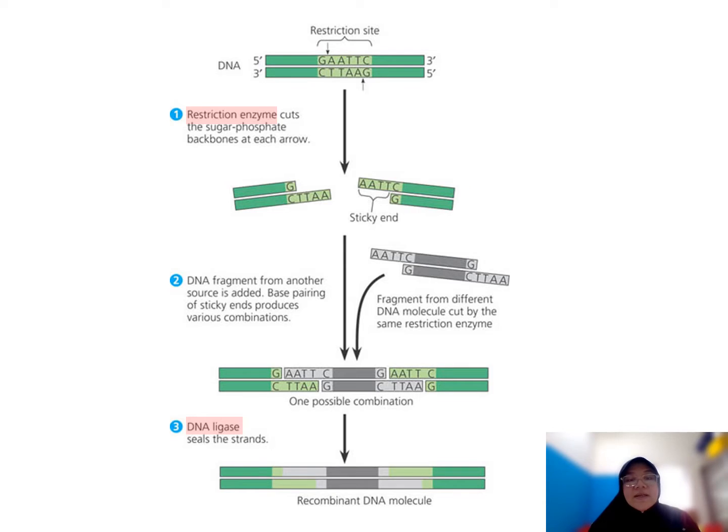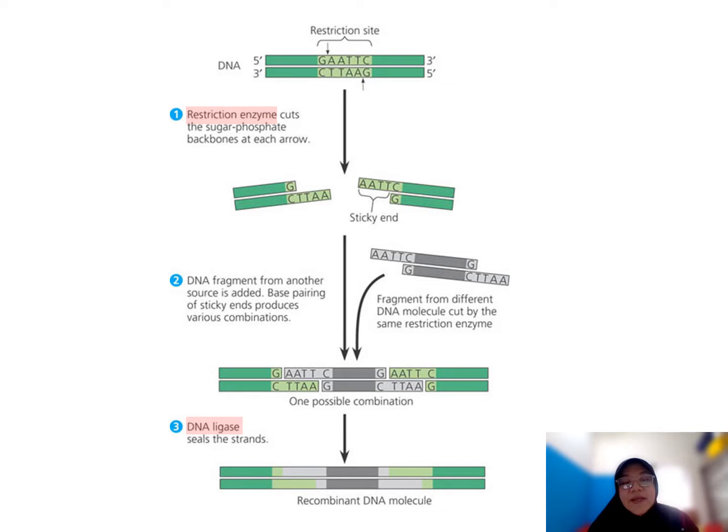Here, class, this is the plasmid of bacteria. There is a restriction site here, which means a cutting site where the plasmid will be cut using restriction enzymes. The enzyme is applied to cut at the restriction site of the plasmid.